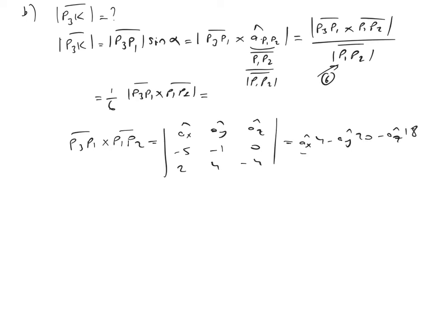And the magnitude of this vector is equal to 27.2, so the result is 27.2 over 6 and it is equal to 4.53. This is the magnitude that we asked for.